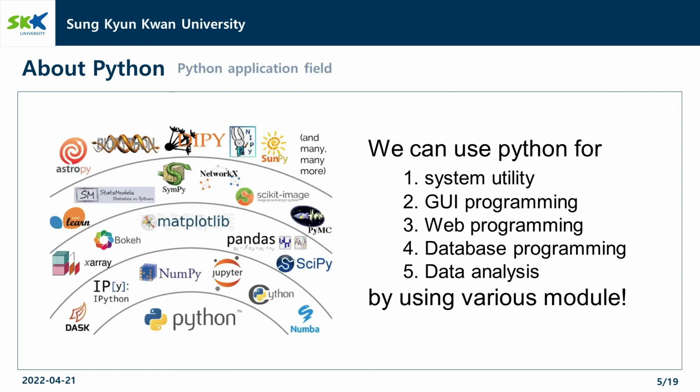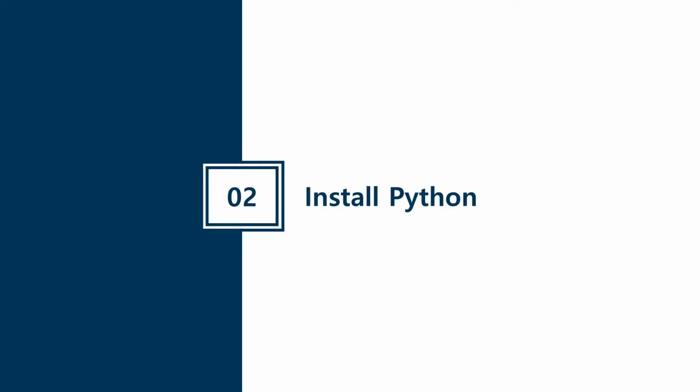Using Python, we can do many tasks by using various modules provided by Python. For example, we can use Python for system utility, GUI programming, web programming, database programming, data analysis, and lots of other tasks. We will now install Python in our computer together.